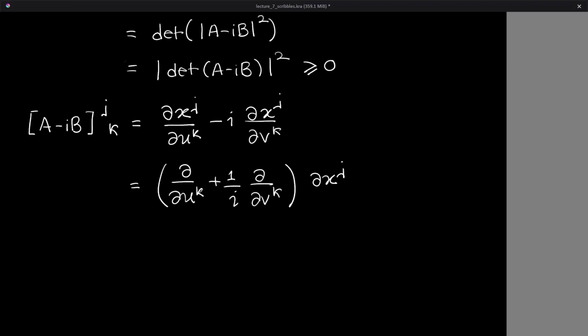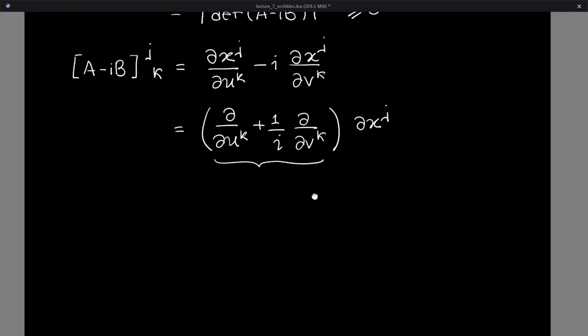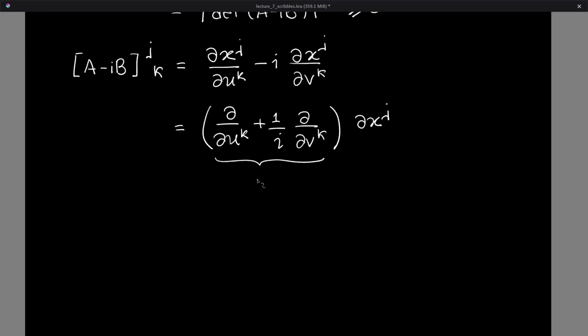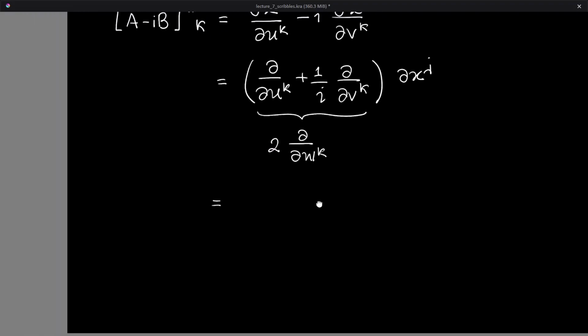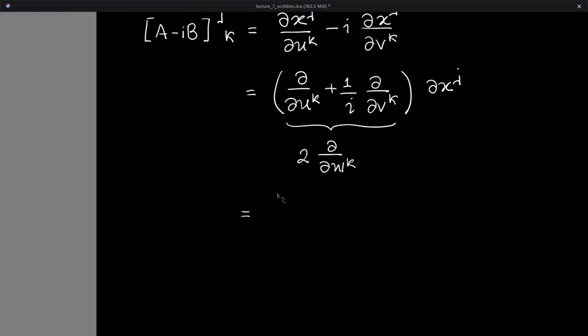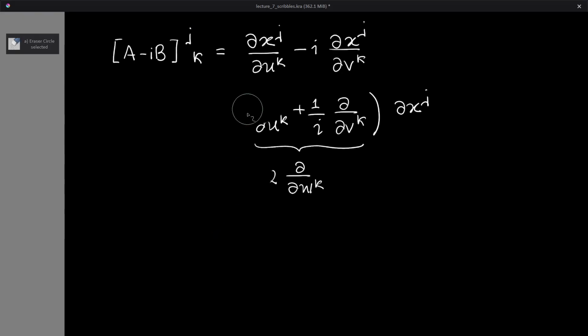So this is actually something called the Wirtinger derivative. It's actually 2 times the Wirtinger derivative. So this is equal to partial w_k, which is 2 times partial w_k. Yeah, in fact, let's try to break this down in a slightly different way.